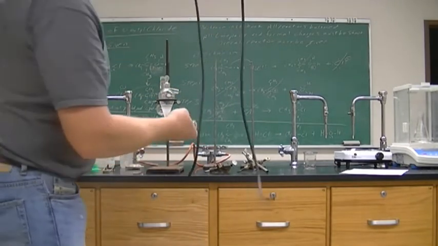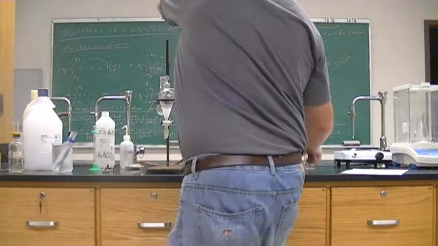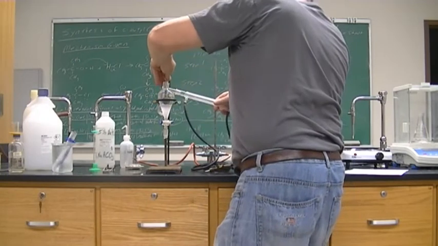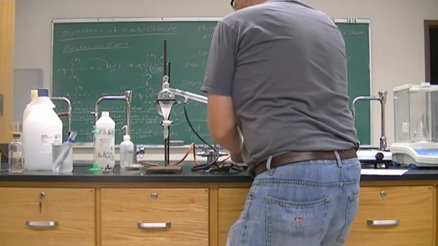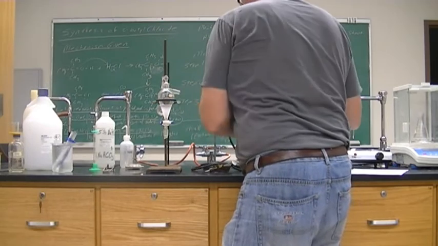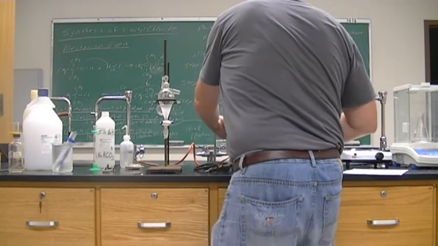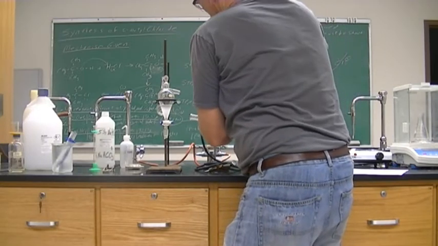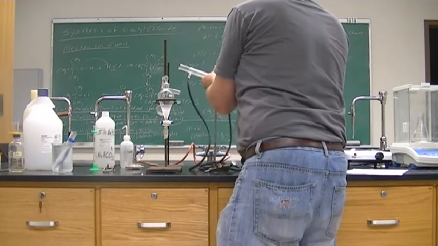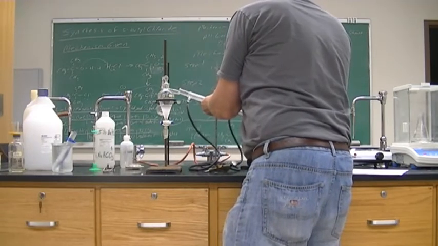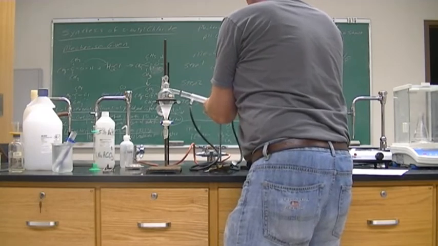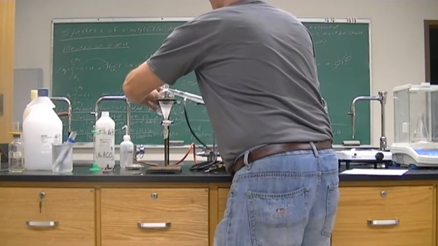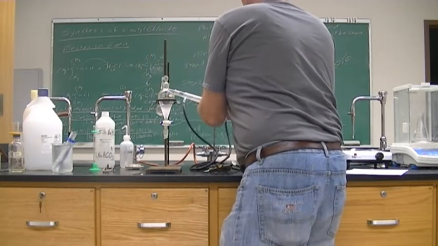All right, and so when we hook up our condenser, we have to clamp everything to make sure that it will not fall. So we'll hook up this clamp here, and then we can raise it, lower it, wherever we need it to go in order for this to make a good connection.